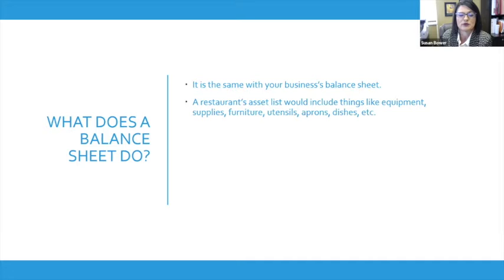It is the same for your business's balance sheet. Like a personal balance sheet, it will list our assets and our liabilities, and the difference being equity. For instance, a restaurant's asset list, and we do have a restaurant owner or two out there, would include things like equipment, supplies, furniture, utensils, aprons, dishes, etc. The belongings, the assets, the resources that we need to run that business.